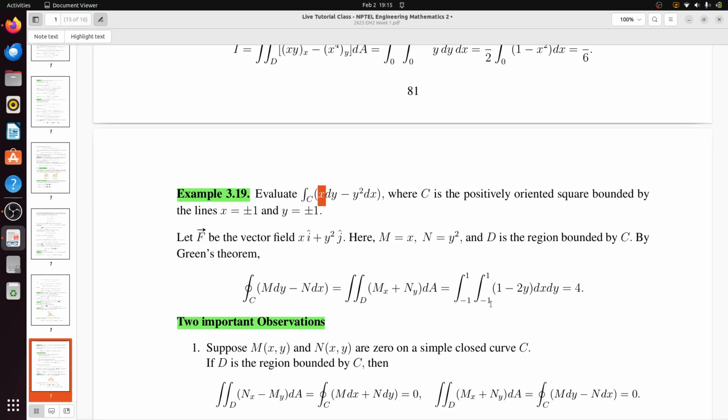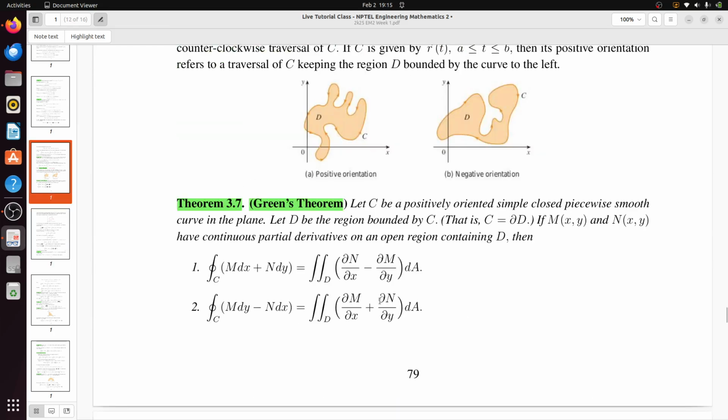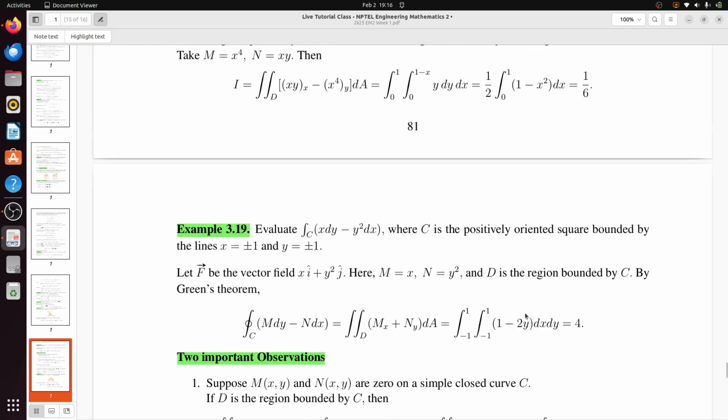Your m is minus y square, your n is x, so what will be your Green's theorem will be del n del x minus del m del y.